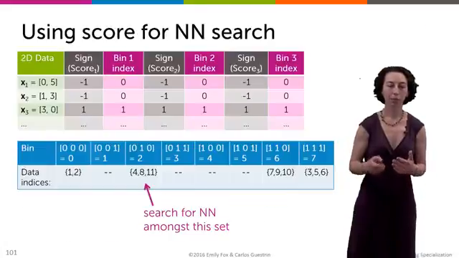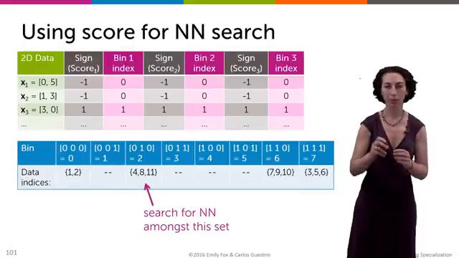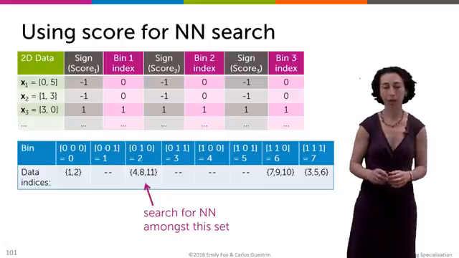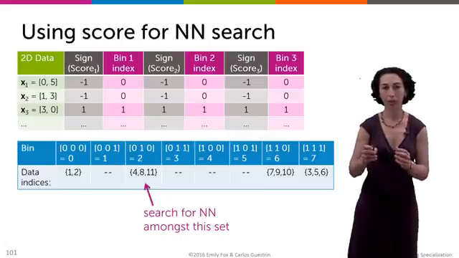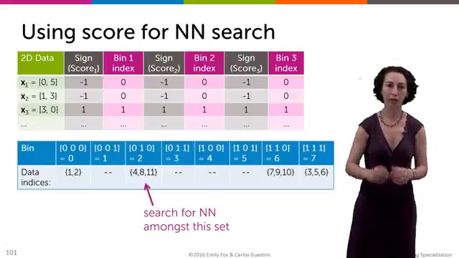Okay, then we're going to take these bin values per line. So this is this bit vector that we were talking about, and we're going to think about using it to encode an index or a value in a hash table.